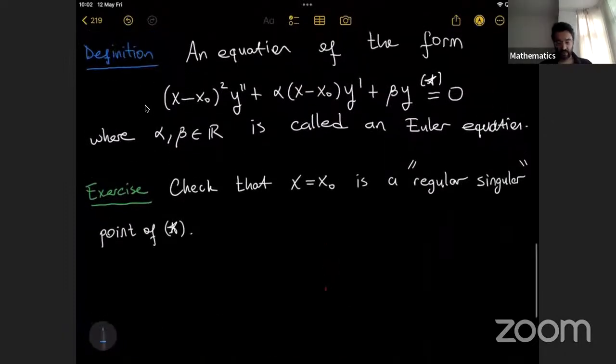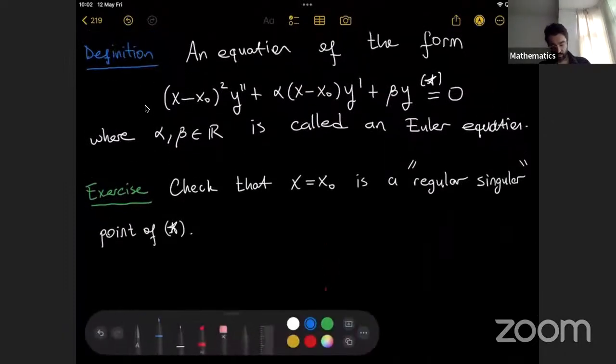Well, to solve this equation, we will change the variable.